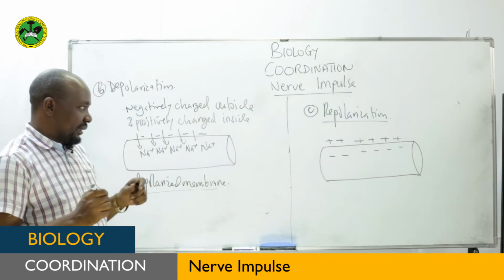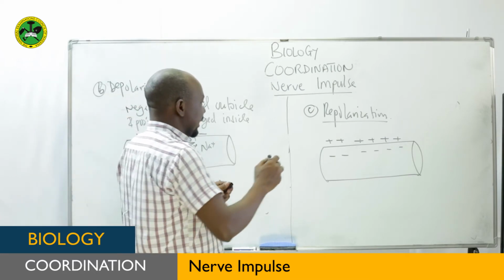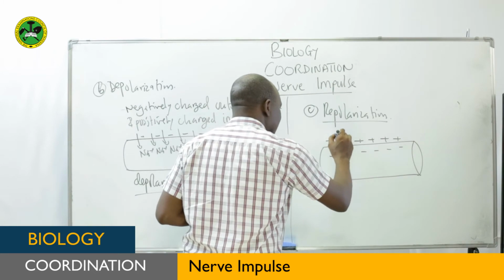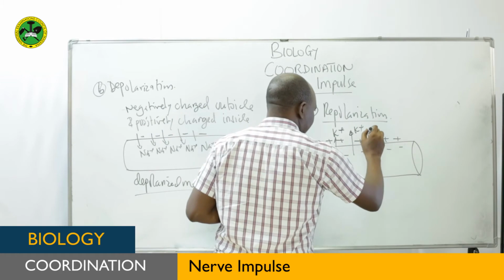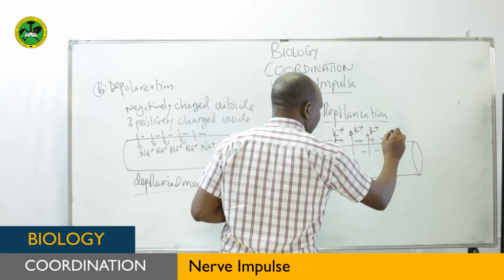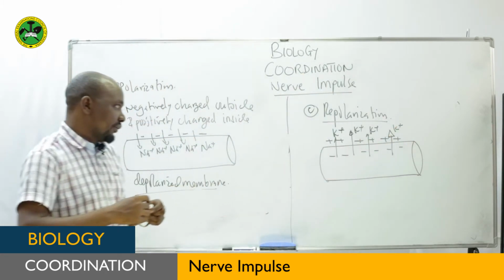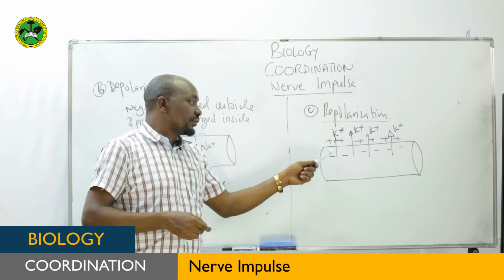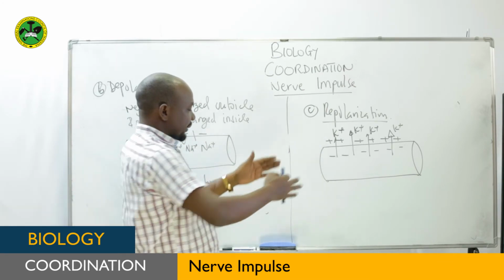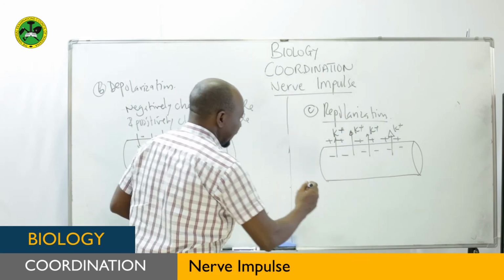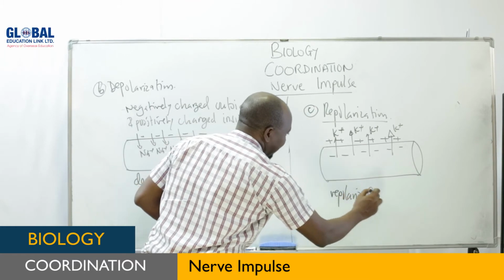But the difference from the polarized membrane is that it is positively charged outside by potassium ions. So the potassium ions, after the passage of the nerve impulse, leave the axoplasm to the outside. So this membrane is said to be a repolarized membrane.